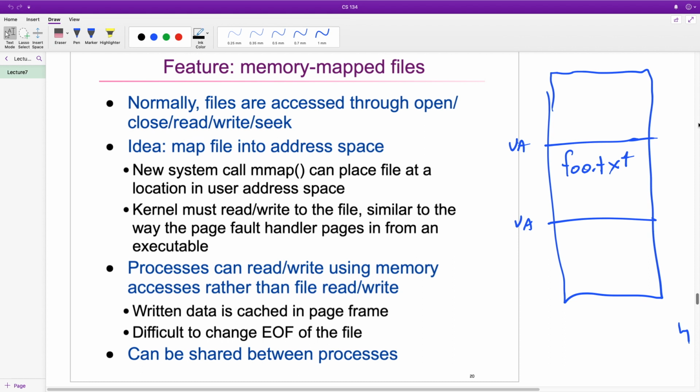And it's difficult to change the end of file here, because it's not clear what you do. You have to have some sort of a call to say make it smaller, make it bigger.